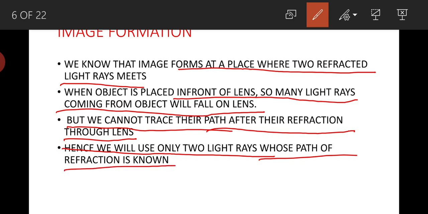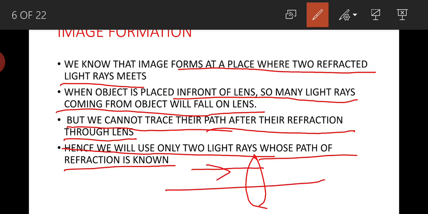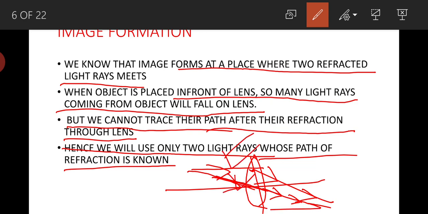The first one is moving parallel to the principal axis, and it will pass through the focus after undergoing refraction. And another one is the light ray passing through the optic center, which will go straight without any deviation. These two light rays we are going to use to know the point of formation of the image.